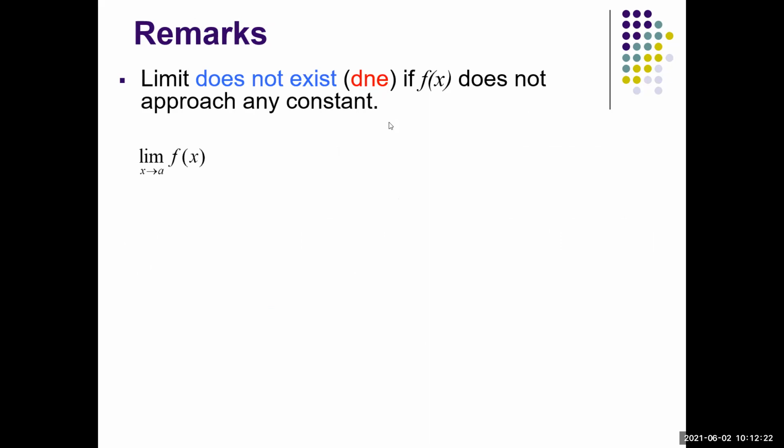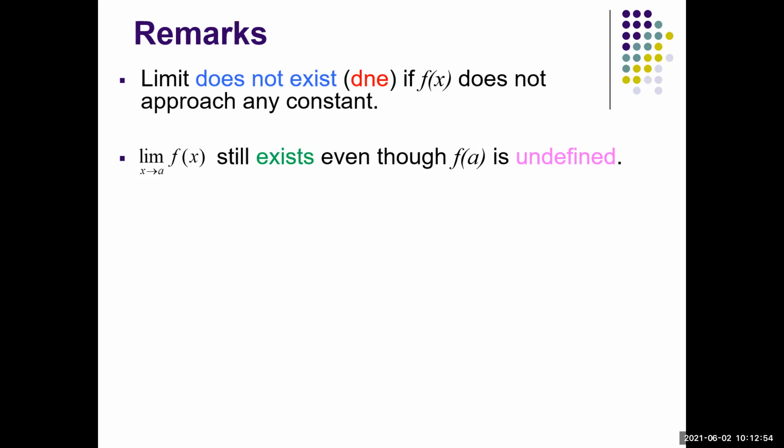A second remark is that if f of a is undefined, the limit can still exist. Look at the example that we did. If you plug 2 into the function, it is undefined, there is no function value at 2.